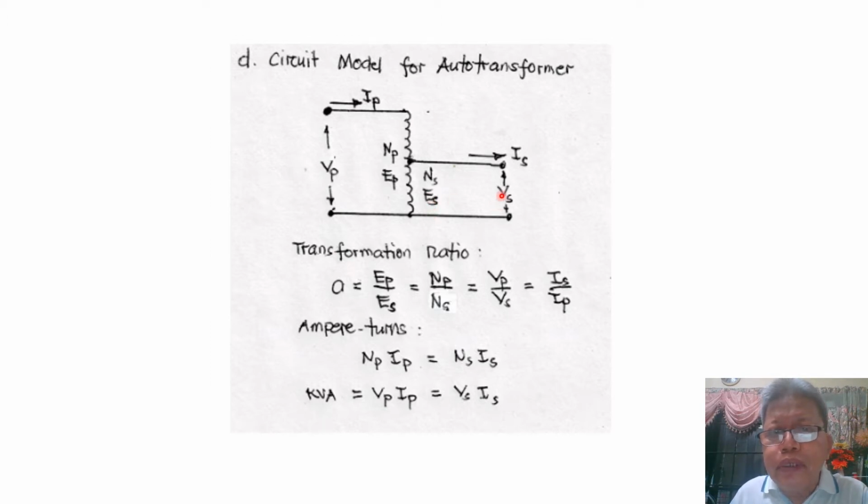Now, if the secondary circuit is connected to a load, then Is will flow and current will circulate and power is delivered.